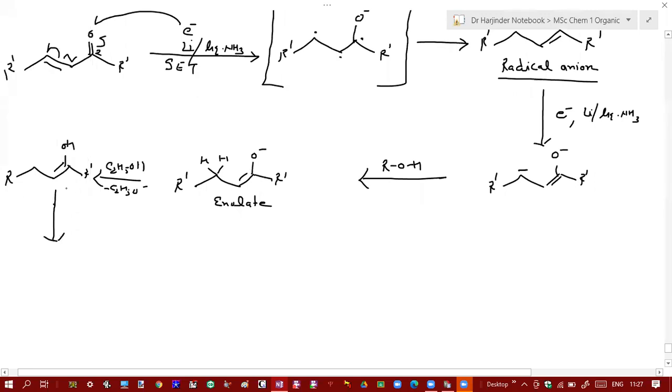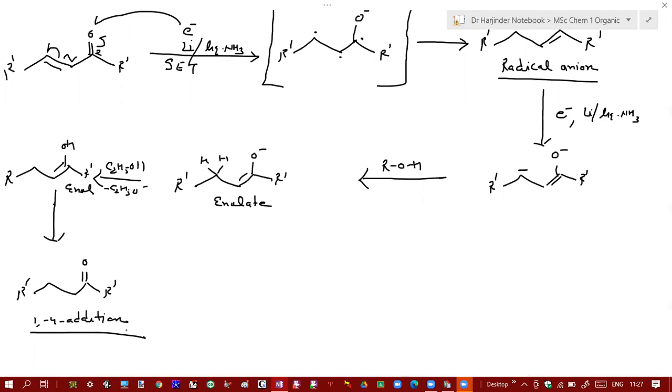Yes, this enol will tautomerize to ketone. So your end product is the 1,4 addition product in which the carbon-carbon double bond is reduced. So this is the mechanism for metal dissolving reduction of alpha beta unsaturated carbonyl compounds.